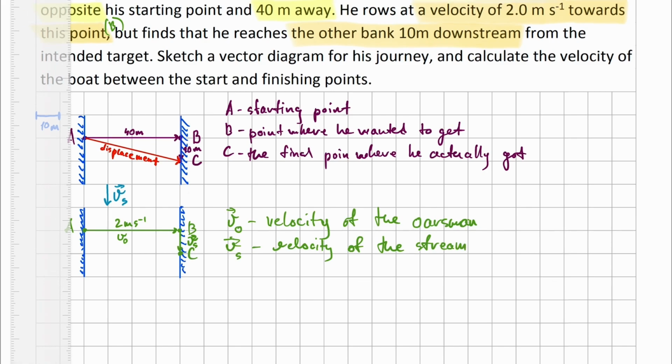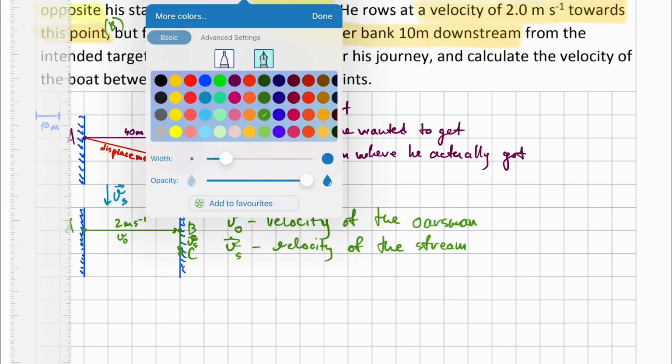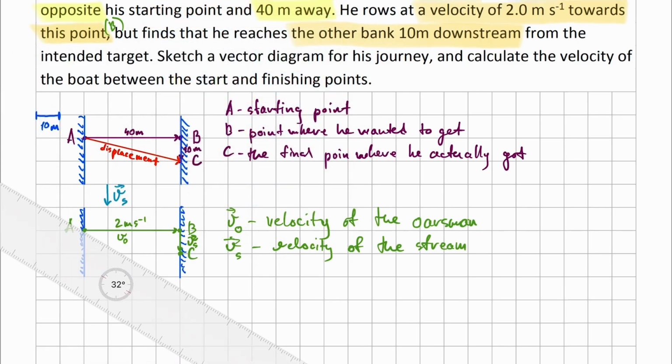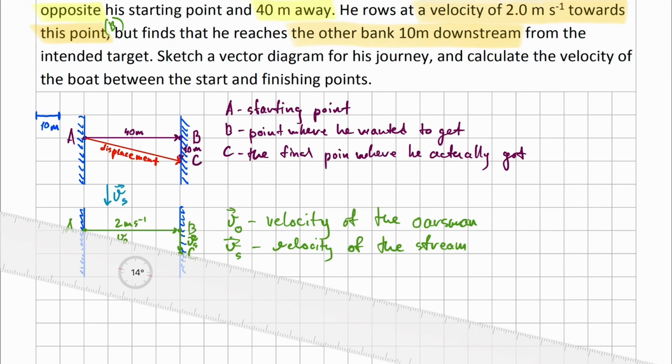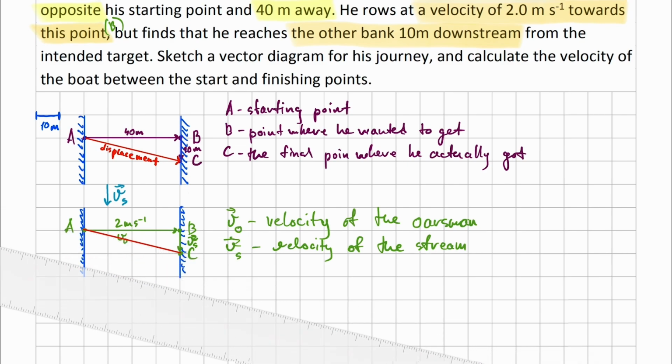So now, which you probably understand, just as with the displacement, the resultant velocity vector was also pointed from A to C. So we need to draw the resultant vector. Now, let's get back to reading the problem. So from the intended target, sketch a vector diagram for his journey. We have done that. And calculate the velocity of the boat between the start and finishing points.